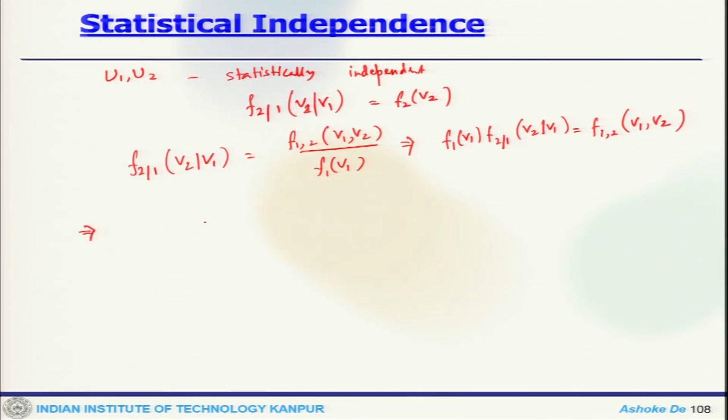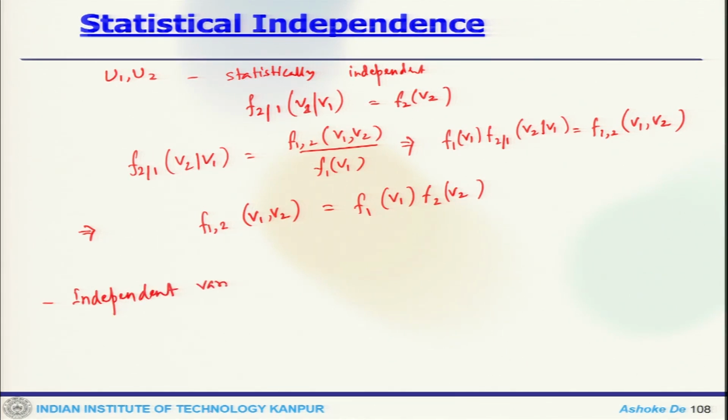Therefore, what we get is f12(V1, V2) equals f1(V1) f2(V2). So that means if you have independent variables, they are uncorrelated. In general the converse is not true, that means uncorrelated variables are not always independent. So this gives you an idea about these different terminologies in statistics.